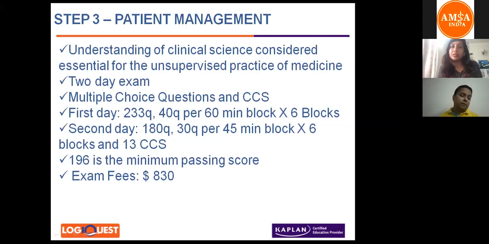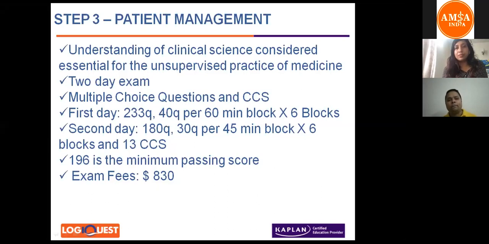Over a period of time, if you wish to change your state, maybe from New York to California, California to Florida, whatever it is, you will have to again approach the medical board of that particular state and give an examination. So things are state-wise in the US, not like India, where it is at a national level.